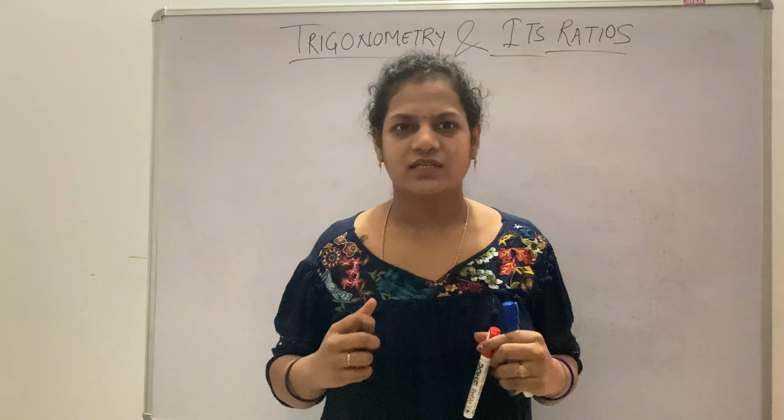It is always related to your horizontal line, meaning your floor line. So basically these ratios are very useful for finding this theta, I can say the angle, or height, distance or this side. So we will see what those ratios are.